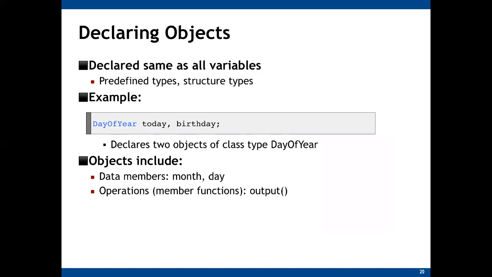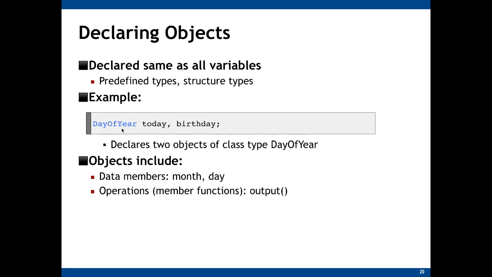Then how can we create an object from a class in C++? To create an object from a class, you specify the class name followed by the object name. So if you look at this example, we have already defined the DayOfYear class in previous slides.